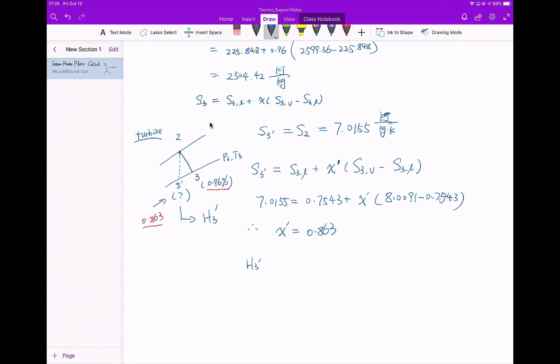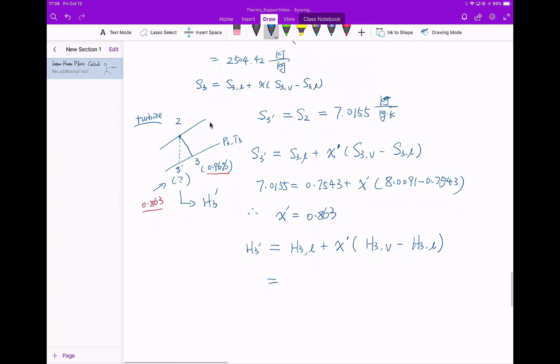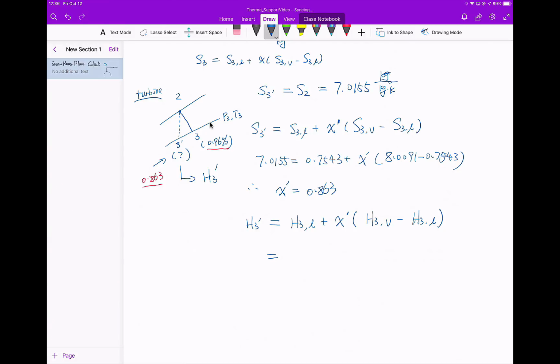So this is why H3 prime is H3, still the same H3 liquid. But now I'm going to use this new calculated ratio for that condition. This is H3 for the vapor minus H3 for the liquid. I can finish the calculation by using those numbers.